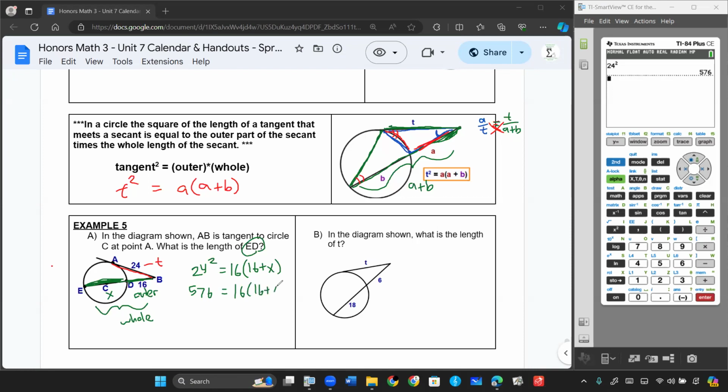You can distribute that. I'm actually going to divide by 16 and get rid of it. Doesn't really matter. If I get rid of that 16, I'll get 576 divided by 16, and that's going to give you 36.